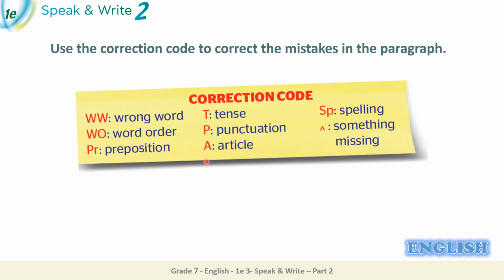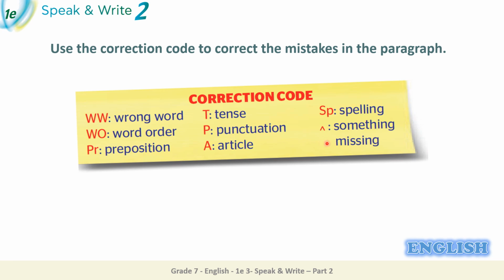Number 6. A. It stands for article, like the, a, or an. So you have to choose the correct one. Now, number 7. SP. It stands for spelling. It means that the spelling of the word is wrong and you have to correct it.